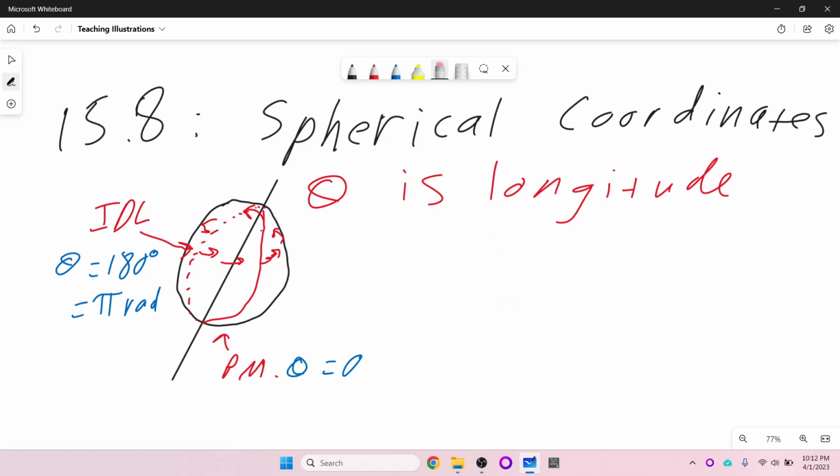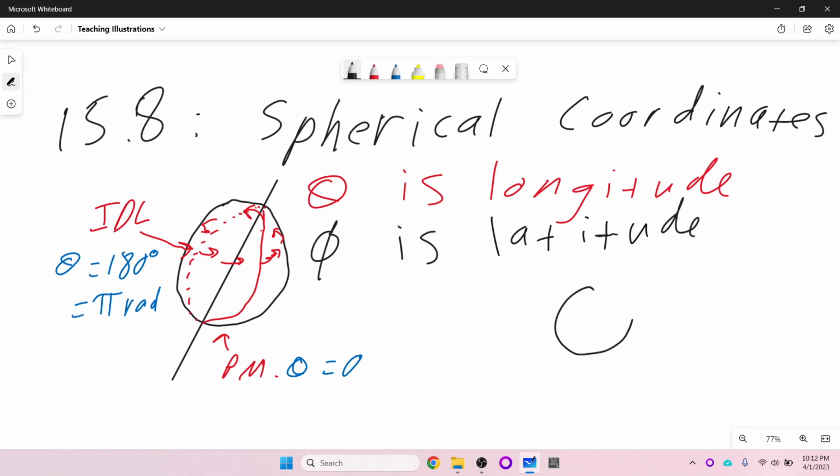But we also want to have a way of representing the latitude, and that we usually use the letter phi. I say usually, the textbook points out that some physics texts switch these, but for us, phi is latitude and theta is longitude.